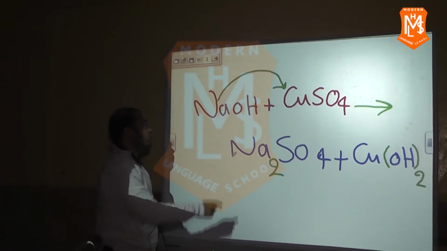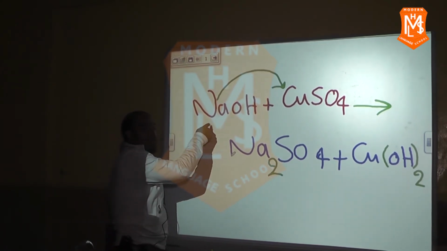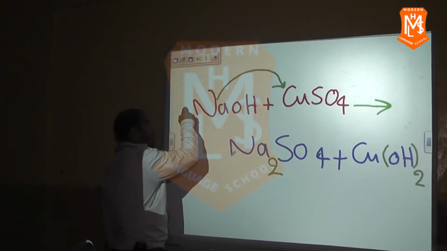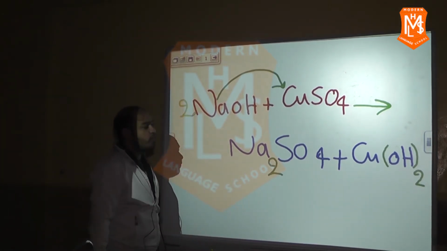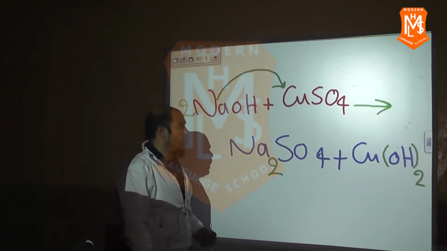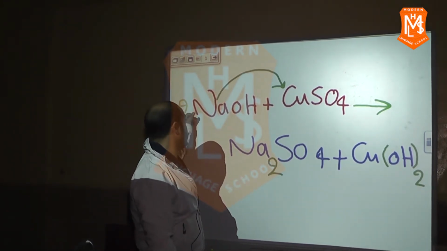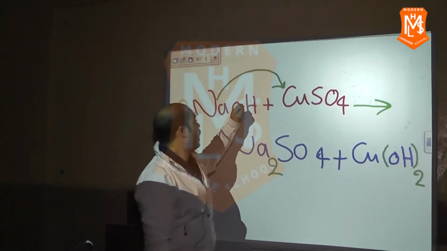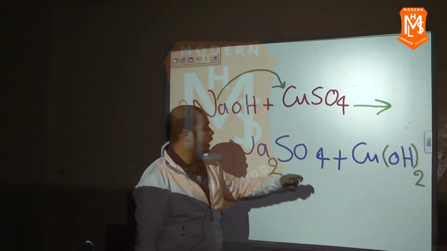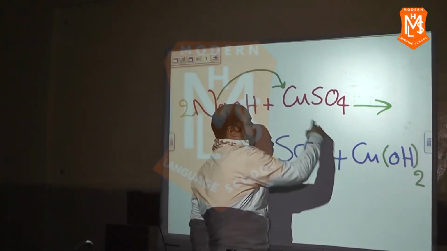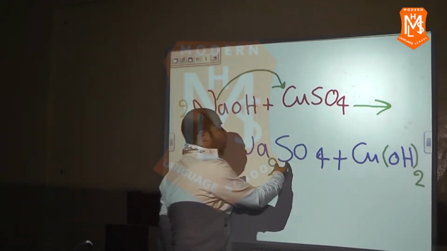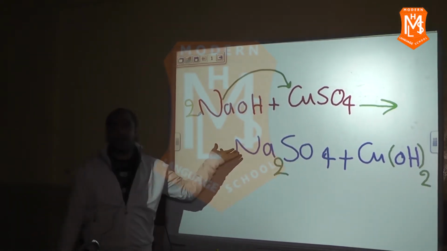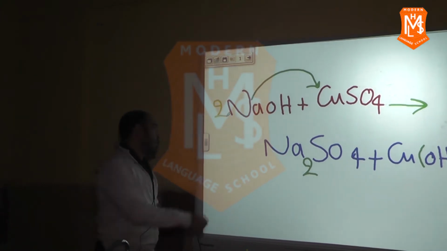To balance the equation, we have only one sodium atom on the left but two on the right, so we must write 2. Now sodium 2 atoms, oxygen 2, hydrogen 2, copper 1, SO4 1. So now it is a balanced chemical equation.